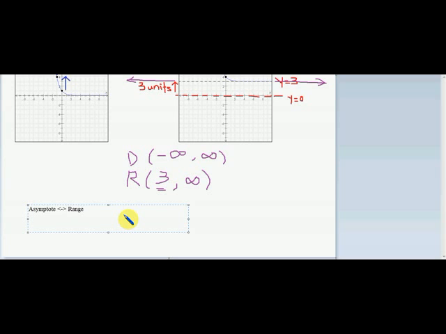Okay, there is a direct relationship between them. Whereas the domain, for this topic, every time it's just going to be negative infinity to infinity. Okay, but for your range, you need to keep an eye on where your asymptote is at.